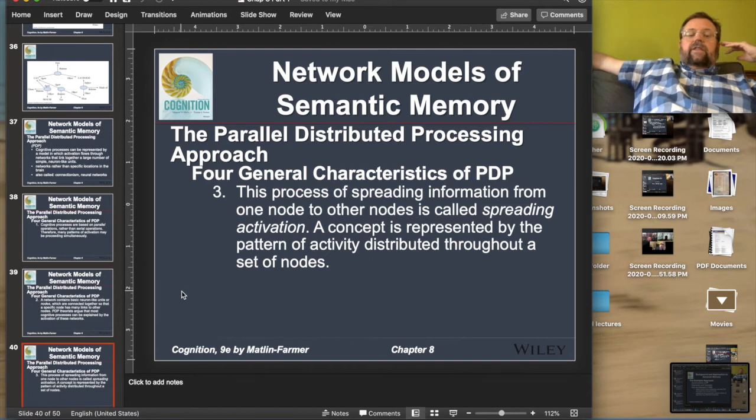Okay, thirdly, the process of spreading information from one node to another node is called spreading activation. So that's the idea of meaning being spread out over the activation of several neural circuits working in parallel with each other, meaning working at the same time. So a concept is represented by the pattern of activity distributed throughout a set of nodes.